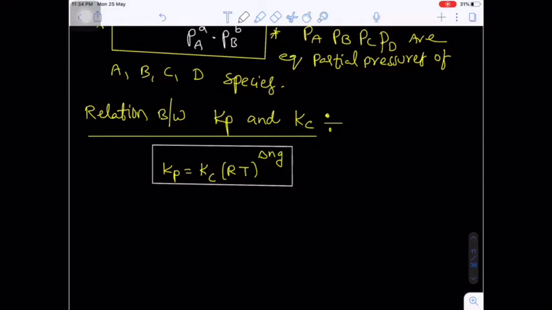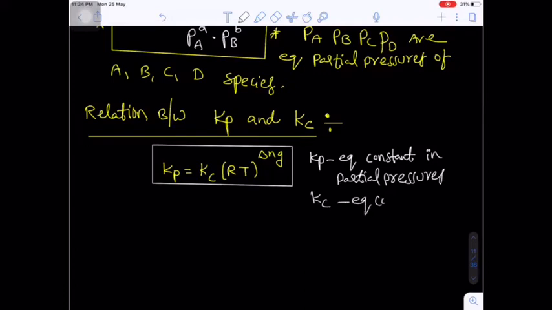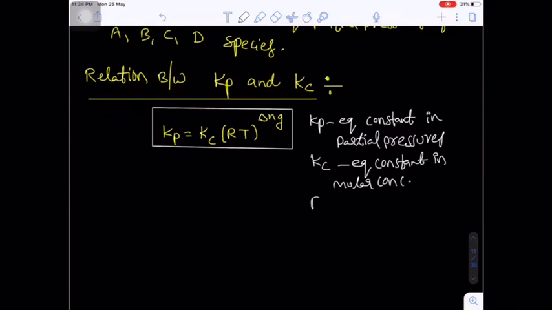Okay, now here, what is the Kp? Equilibrium constant in partial pressures. What is the Kc here? Equilibrium constant in molar concentrations. Do you know capital R? Yes, this is the universal gas constant.